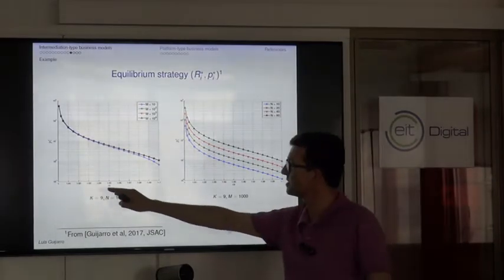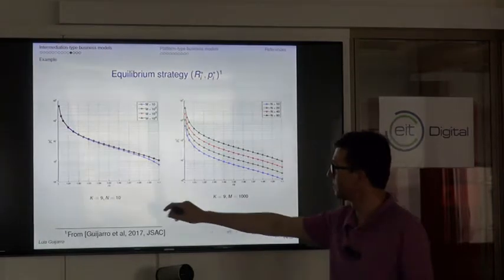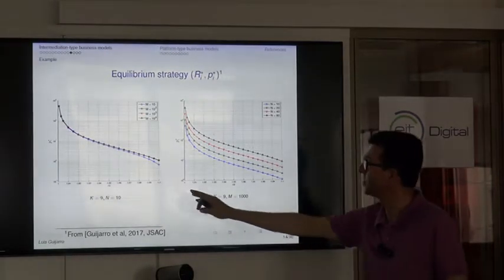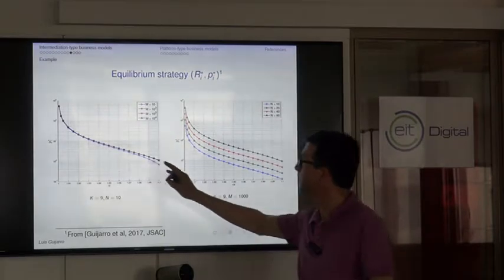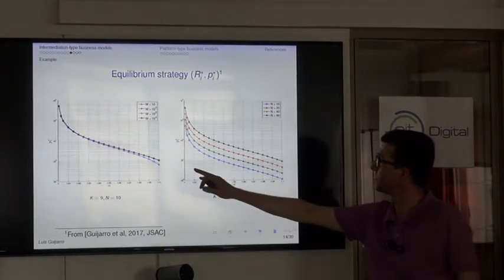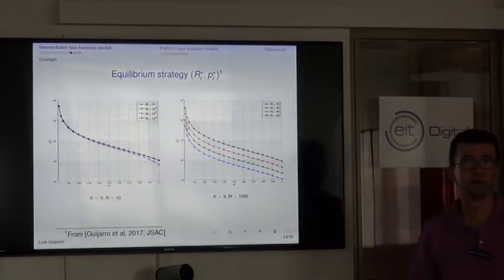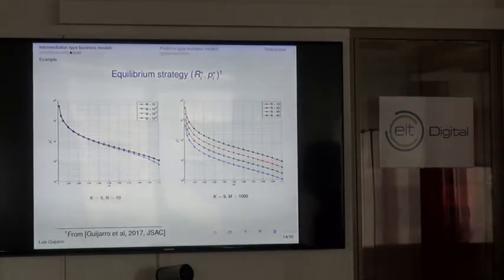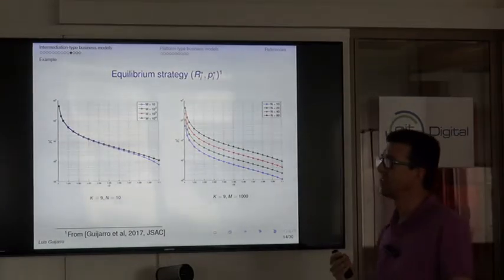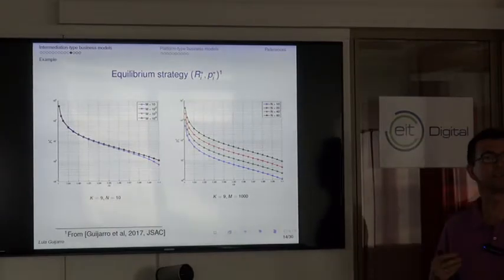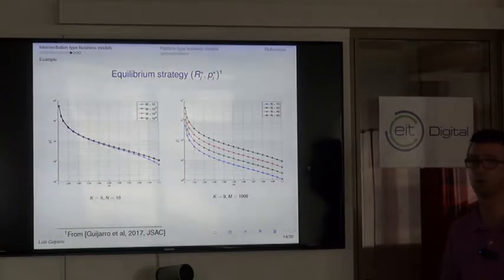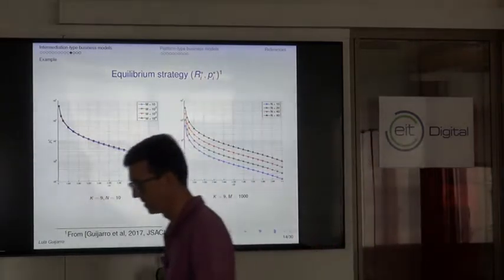And what we see here is that as alpha increases from 1 up to 1.1, the price decreases, for different values of M and for different values of N. That makes sense because if alpha increases, it means that the users are more sensitive to the ratio R over P, so the competition between the service providers is stronger, and a stronger competition will translate into lower prices.